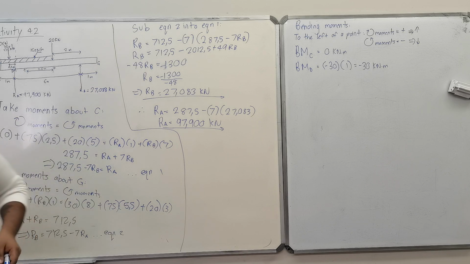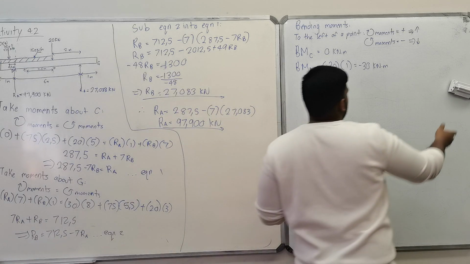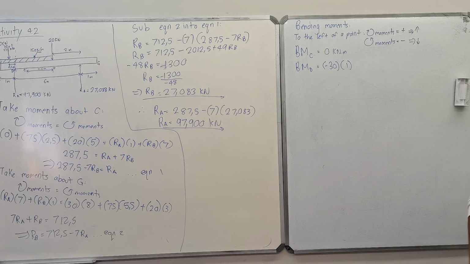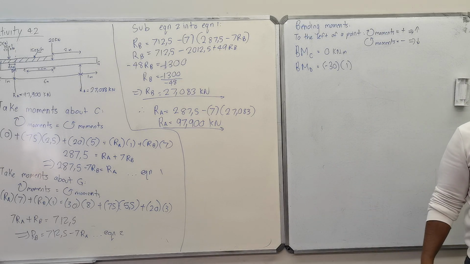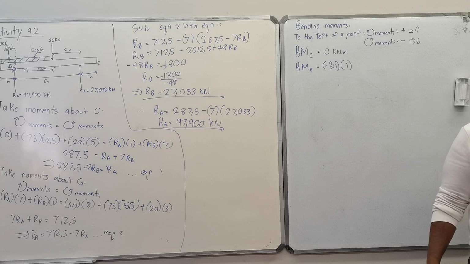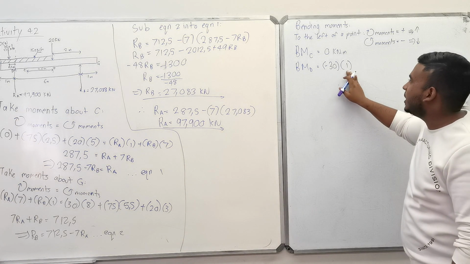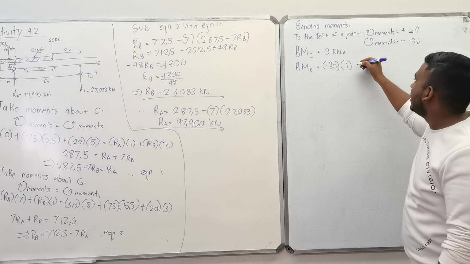So this here now would become what? Now ask the question again. If you're looking at point D, how many forces are to the left of point D? So 2. Are the forces up or down? Down. So those forces will be negative. The first one will be minus 30, and how far away is it from point D? 1 meter.